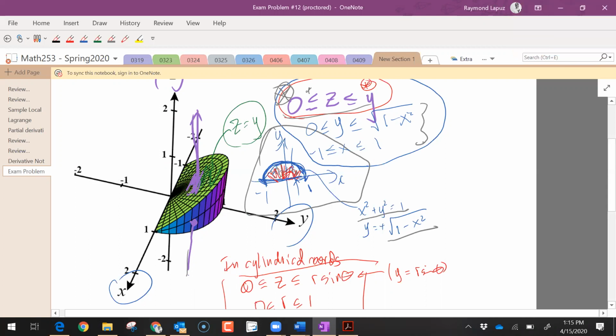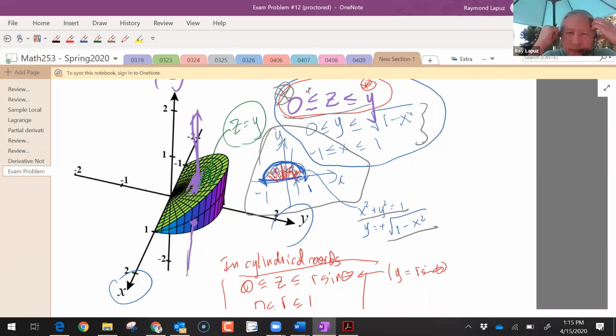But then, for example, for the y, it goes from 0 to the square root of 1 minus x squared. If we draw the line parallel to the y, how is it that we see that we're coming out of that square root of 1 minus x squared? I think I'm confusing myself.